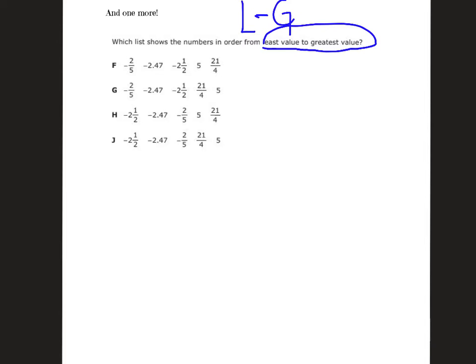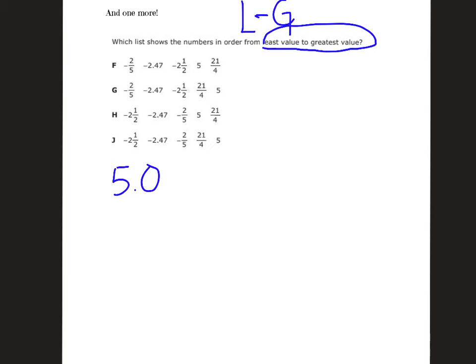So the numbers we have are negative 2/5, negative 2 47/100, negative 2 1/2, 5, and 21/4. So a couple of these are really simple. I mean, 5 doesn't even have to be converted as far as it being a decimal. A whole number is just how the decimal looks.